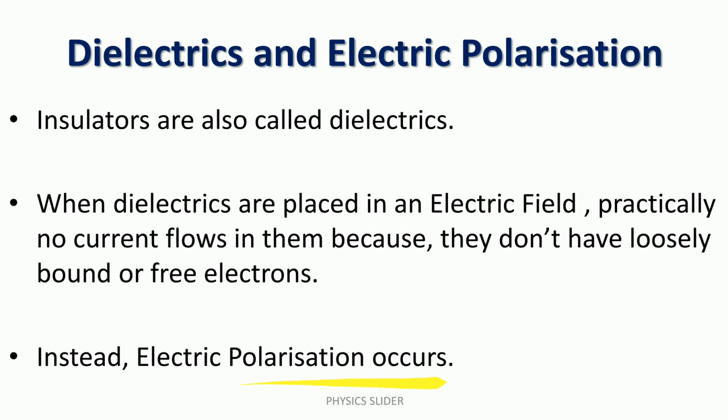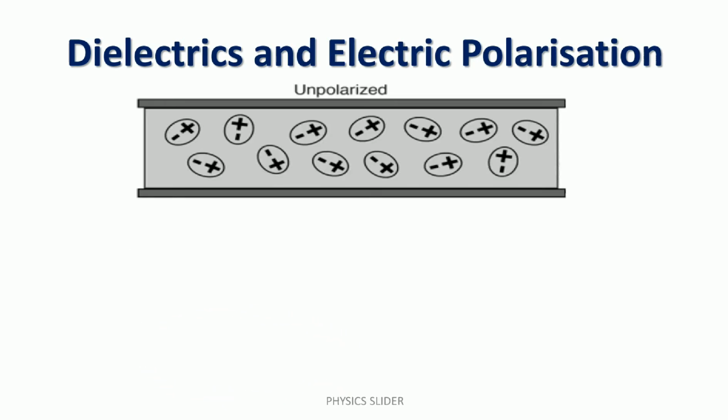Instead, electric polarization occurs. What is this electric polarization? Let's see. Here we can see an unpolarized material in which the positive and negative charges are randomly distributed. There is no certain order of the positive and negative charge.